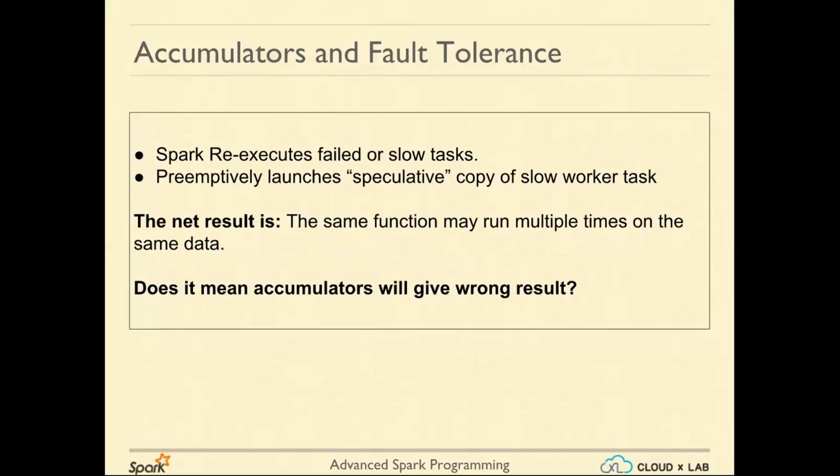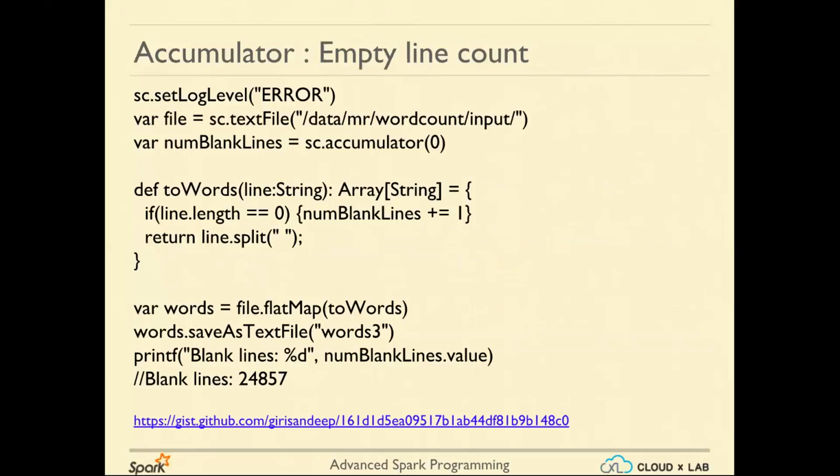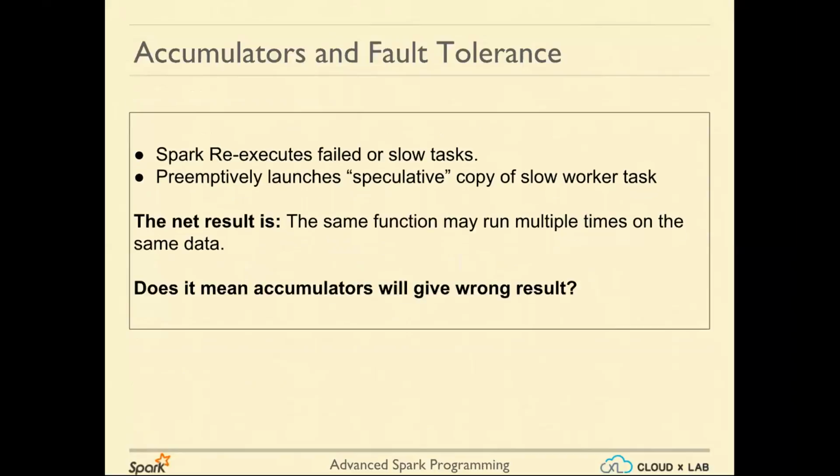So what it means is, the way we are increasing the number of lines here, if we were doing it inside the reduce function, it could have been okay. But inside two words, because it's going to be called via flat map, it's going to be a part of transformation. Therefore, this particular line might be executed multiple times on the same data in case any of the nodes fail, right?